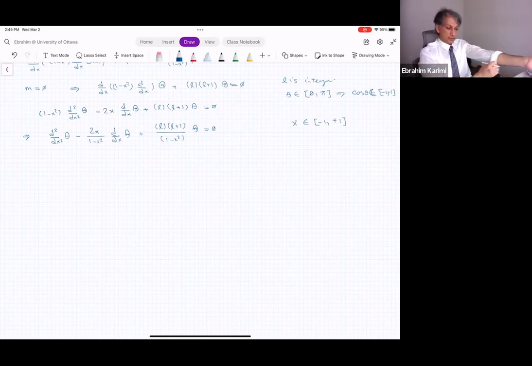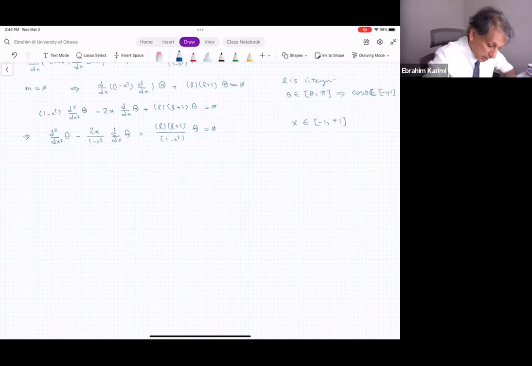So that was essentially the point, and without going into the details, I told you that this is Legendre polynomial. Look at the point here. In the denominator, 1 minus x squared is appearing, and this is singular. Where is it singular? At x equal to plus 1 and minus 1.